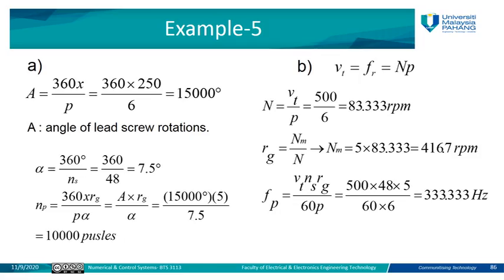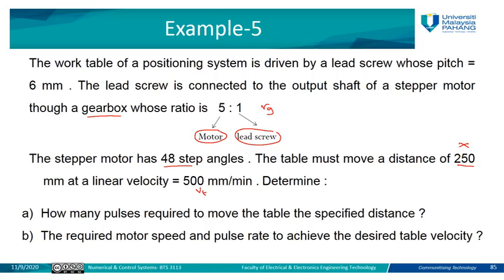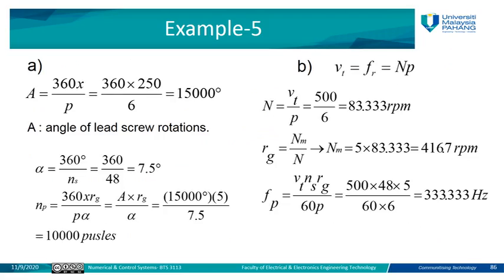We substitute the value of x, which is 250, and the pitch p equal to 6 millimeter. Then this is the angle, 15,000 degrees, of the lead screw rotation.